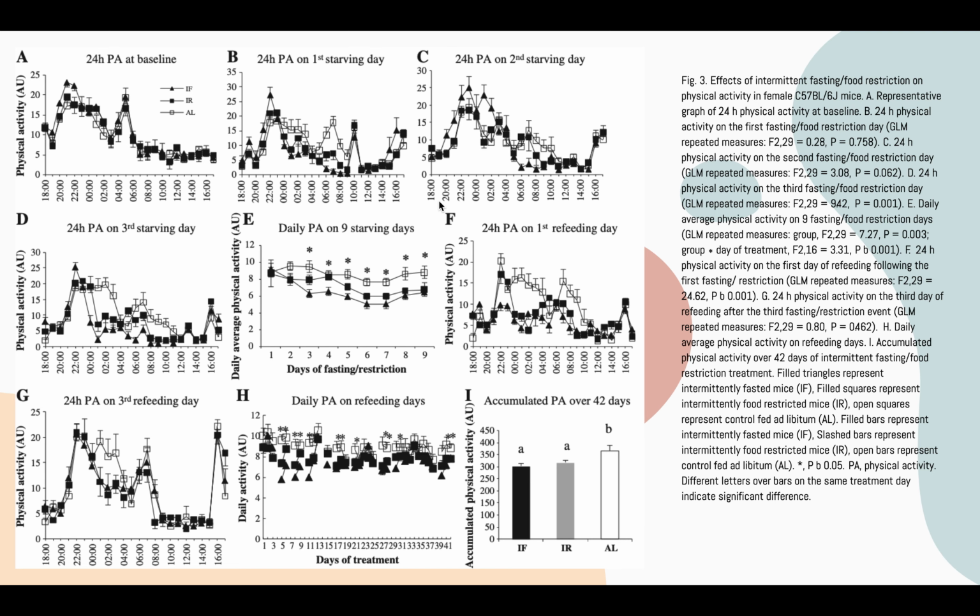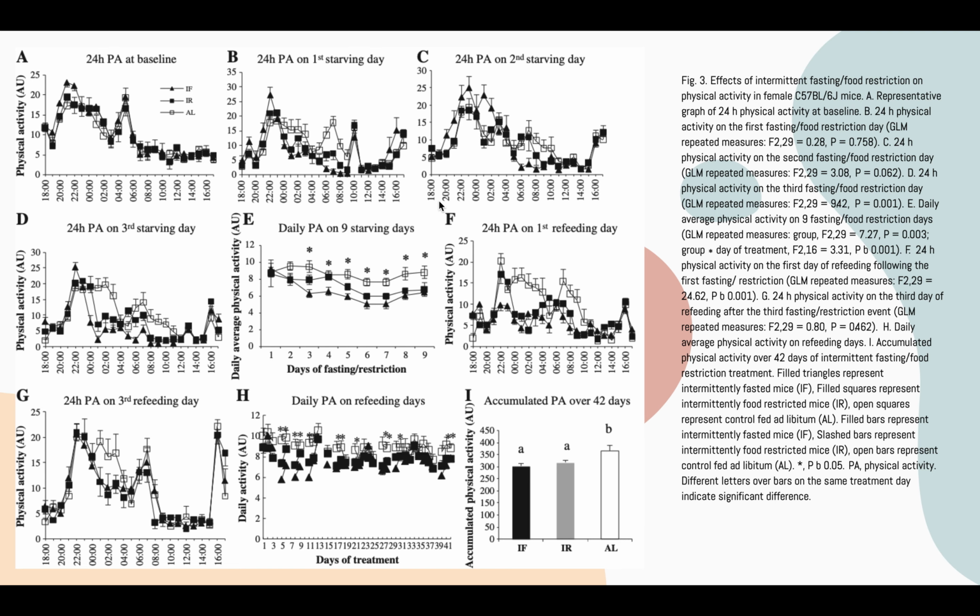I think it's pretty cool, because the key is the same as for the other graphs that we looked at, to see how for all three different groups, whether it was intermittent fasted mice, intermittent food restricted mice, or the control fed mice, they had the same pattern of going up and going down and going up and going down.